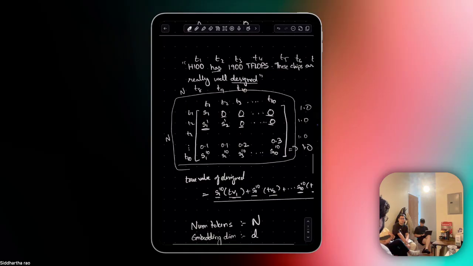There is a variation of this where you don't do next token prediction. There's this thing called masked language modeling, and you've probably heard of architectures like BERT. All of these architectures don't do autoregressive modeling like this.